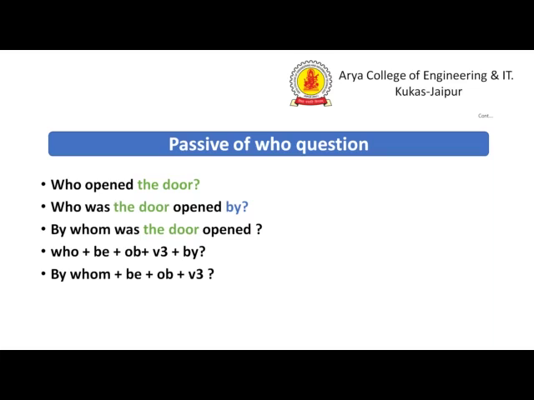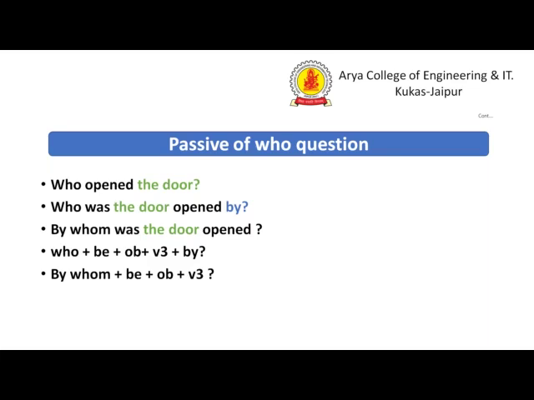And now we will see the WH questions, the WH sentences. "Who opened the door?" Remember one thing: in this kind of example, first of all we have to see that "who" has to be removed, and in place of "who" we can apply "by whom." And if you want to solve the question with the help of "who," you can use "who was."